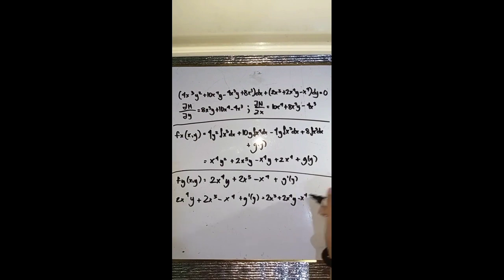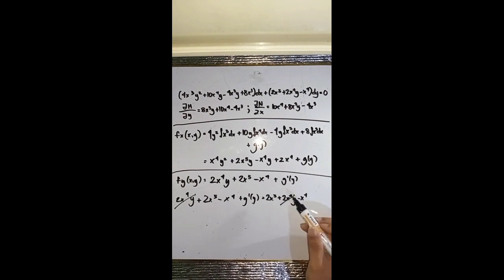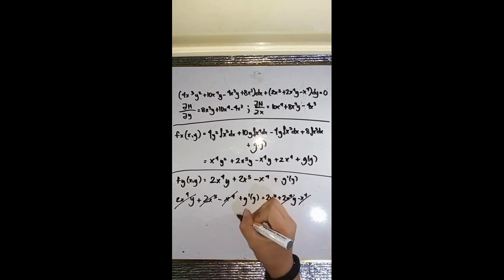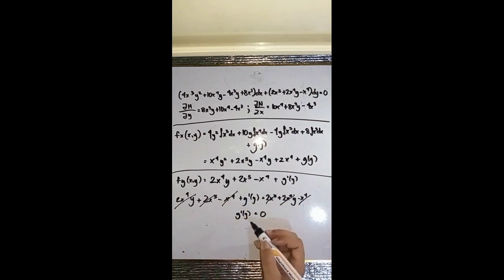So 2x to the fourth y will be cancelled out, 2x to the fifth will be cancelled out, and so will x to the fourth, with the remaining g prime of y equal to 0. Now the integration of g prime of y is g of y, and 0 will be replaced by an arbitrary constant, which is c.